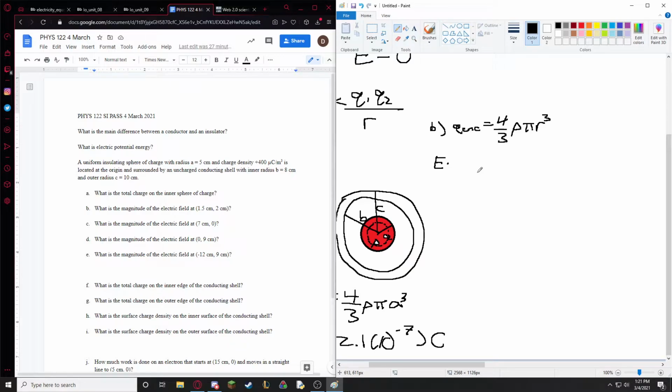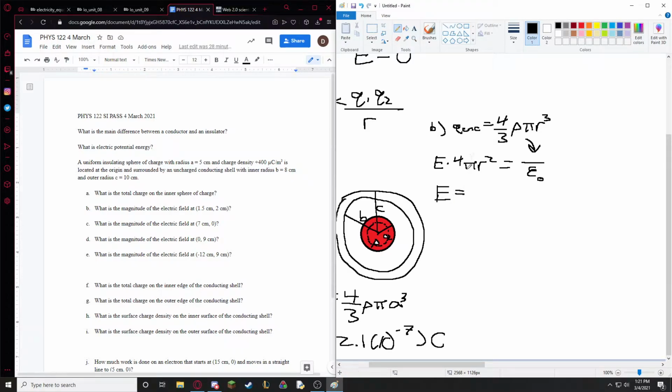We know the volume of our sphere is 4/3 pi r cubed. This area would be 4 pi r squared. Exactly, 4 pi r squared. So E times our area is equal to Q enclosed over epsilon naught. And we can solve for our electric field by dividing by 4 pi r squared.